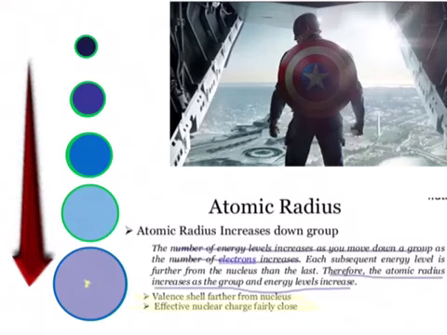I like to think of Captain America's shield, where the star is the nucleus, the positive charge. It is only really going to be pulling in strongly that inner level of electrons. The outer levels don't feel that nuclear charge as much because they're further out. So the nuclear charge only affects the fairly close electrons.